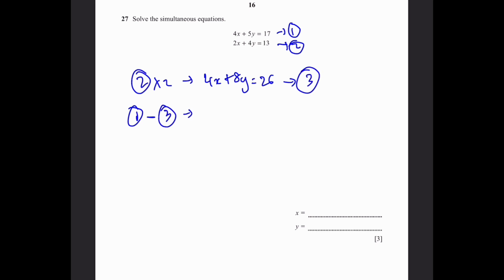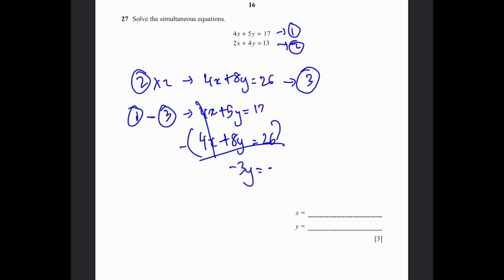So that's 4x plus 5y equals 17, 4x plus 8y equals 26. Now when we subtract this, these two cancel out. Minus 3y is equal to minus 9. y equals 3. We got y equals 3 already.